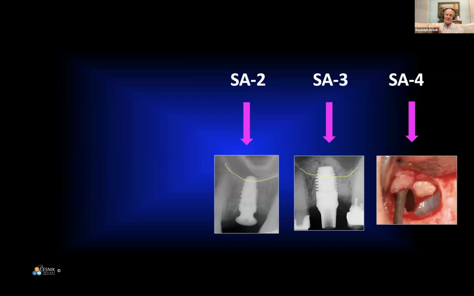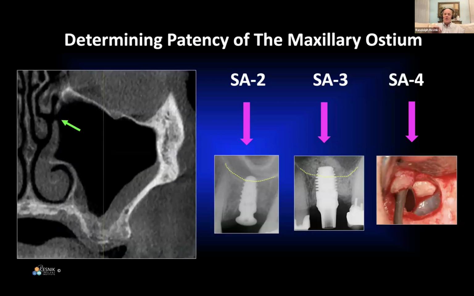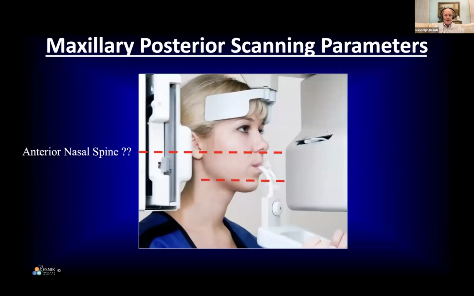Again, to review, SA2 is where we bump up the sinus with no bone grafting. SA3 is where we're going to place an implant and graft. And then SA4 is a dedicated lateral wall sinus graft with delayed implant placement. Our goal, though, anytime we enter into the sinus, we must determine the patency of the maxillary ostium.